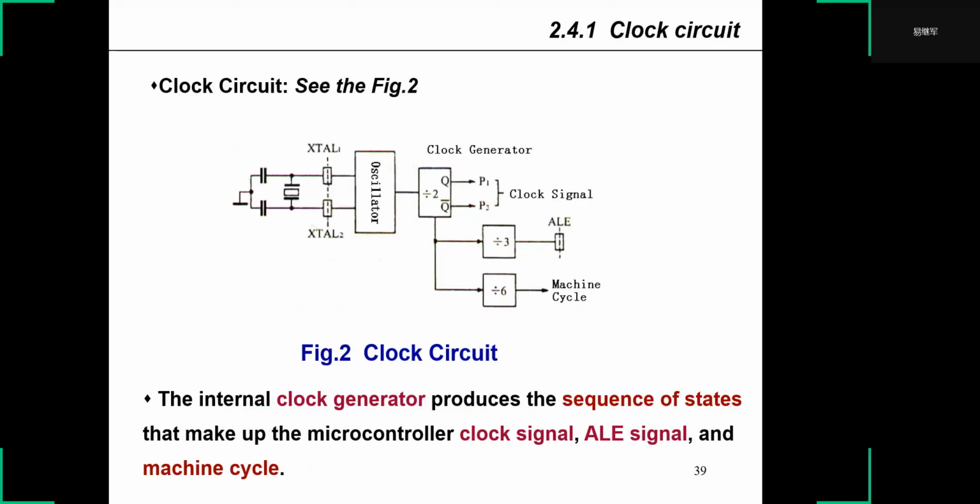The internal clock generator produces the sequence of states that makes up the microcontroller clock signal, ALE signal, and the machine cycle.